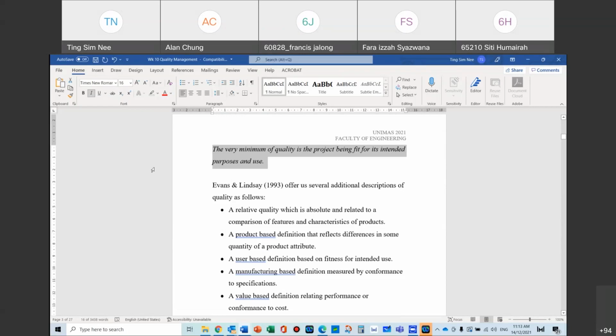So I would say that, ladies and gentlemen, when we talk about quality, you cannot think of it as absolute. I shouldn't use the word absolute, because when you already set it, it should already be absolute.